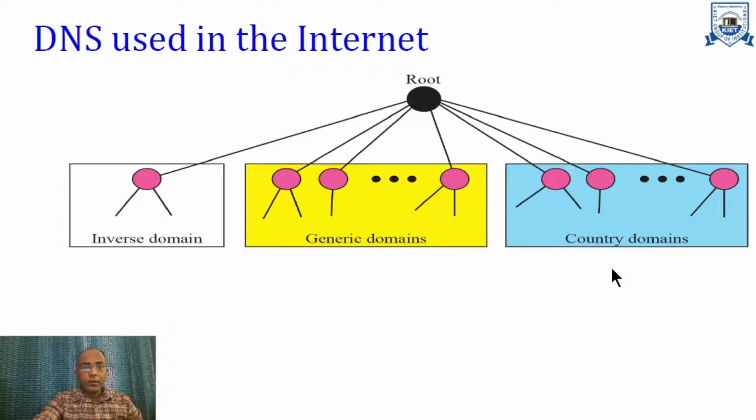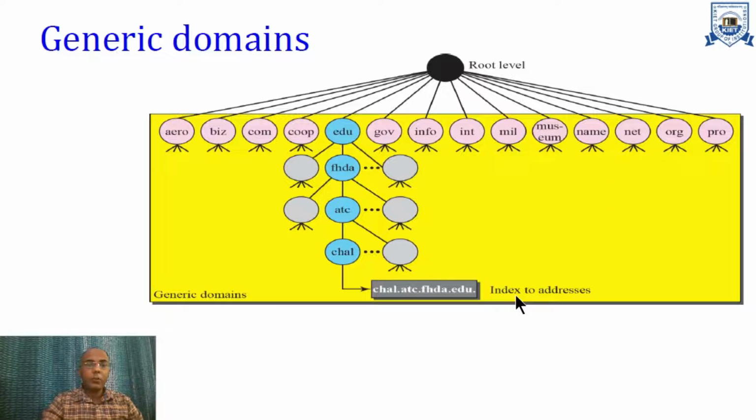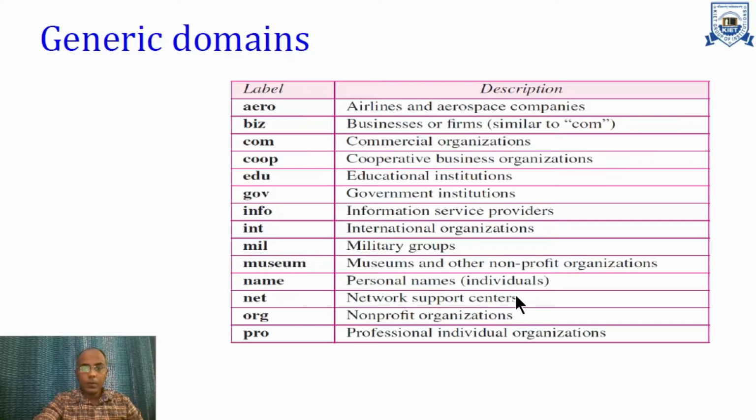First, the generic domain. What is a generic domain? The particular ones that are directly involved in our domain names, that are common, that are generic. For example, if we take our example of the kite web application website, then it is kite.edu. Now, that edu is one particular generic part.